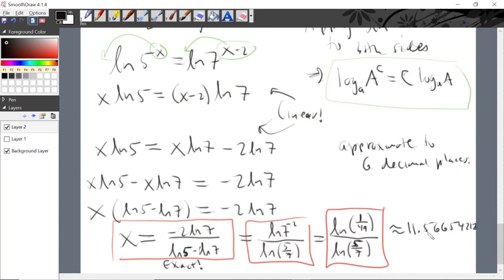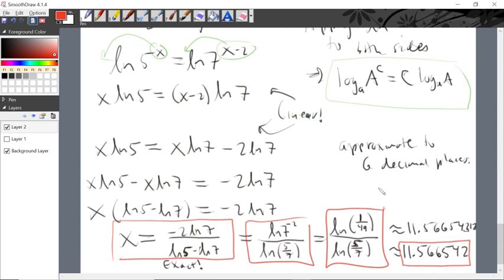So to 6 decimal places, 1, 2, 3, 4, 5, 6, this is going to be approximately 11.566542. That's our approximation to 6 decimal places of accuracy.